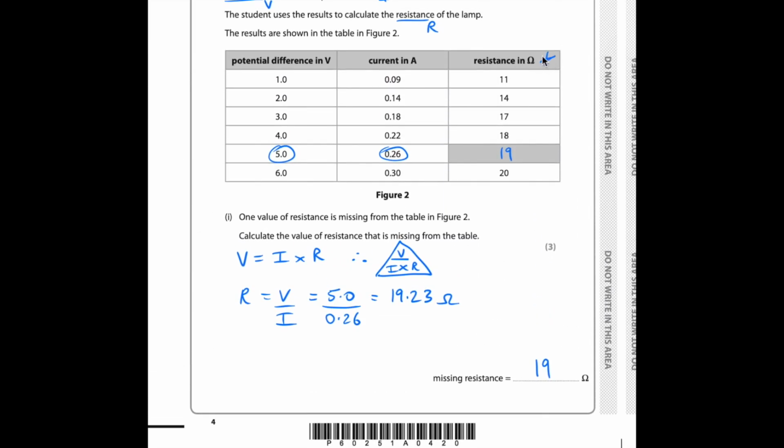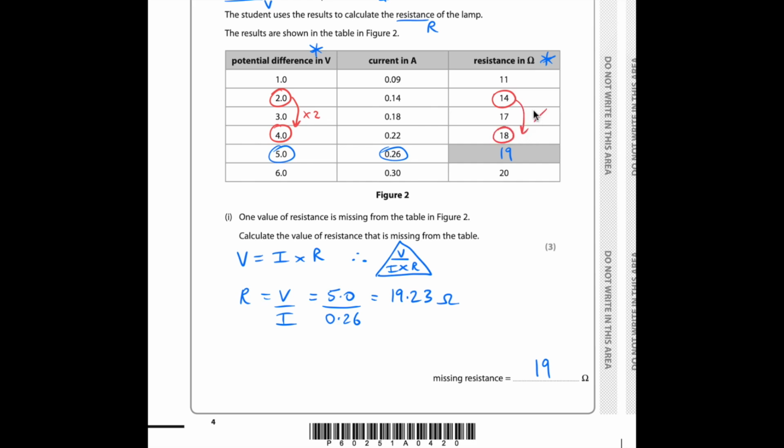So resistance and voltage. Now the easiest way of telling if something's directly proportional is if one thing doubles, the other thing should double. So when the voltage doubles from 2 to 4, did the resistance double from 14 and it should go up to 28?